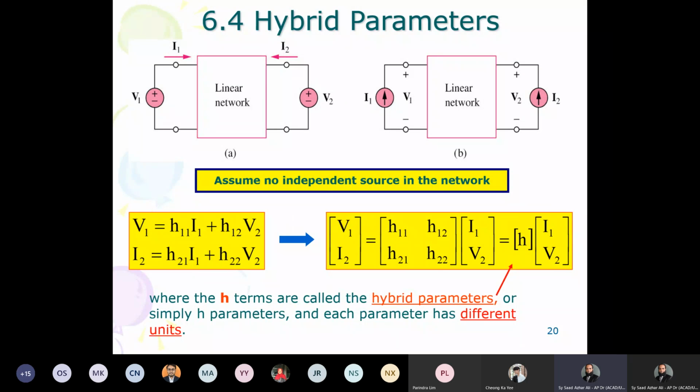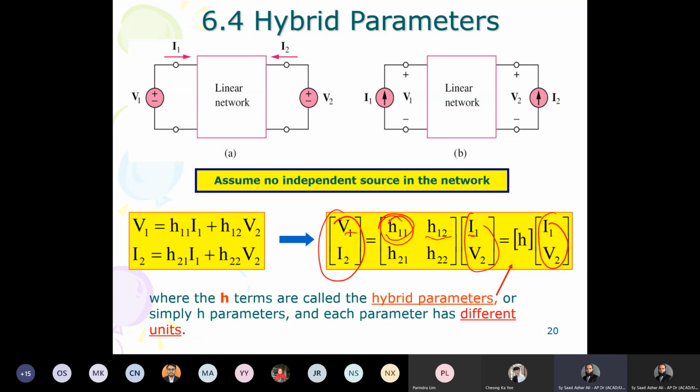You can see that H11 is V1 upon I1, but H12 is V1 upon V2. Hybrid means it's a mix. It could be anything over here or anything over here, depending on the need. They can change. They can have I1 here as well. So these variables can change places.